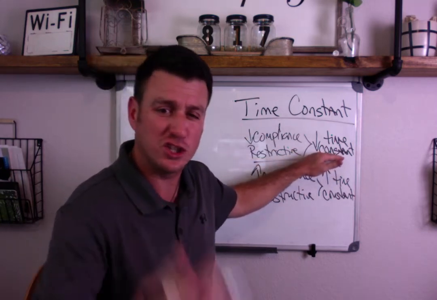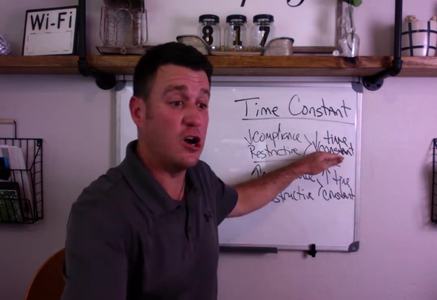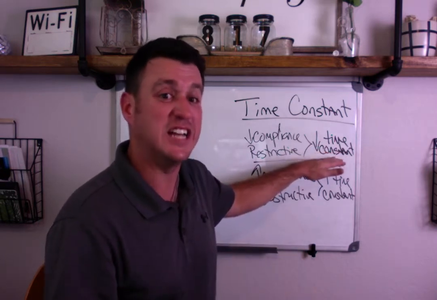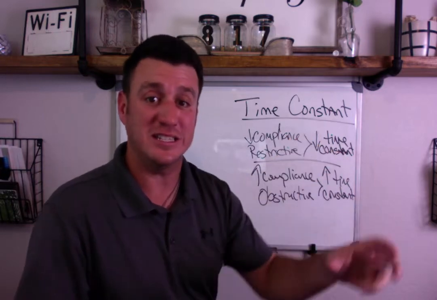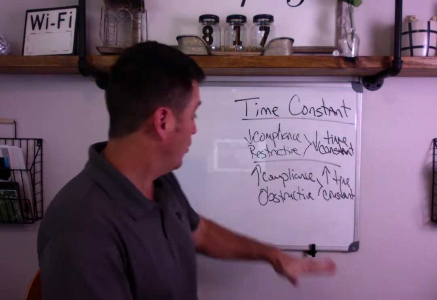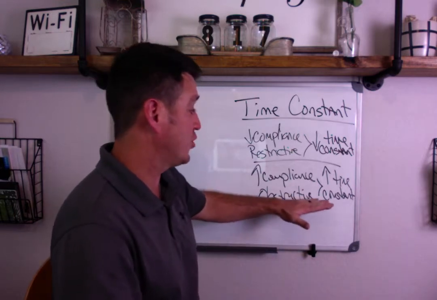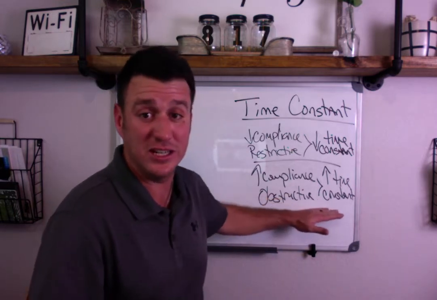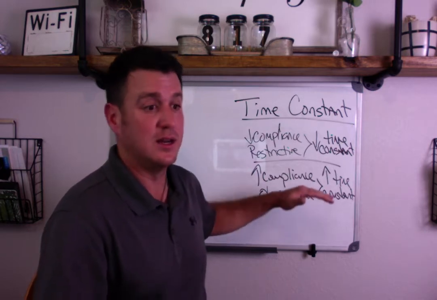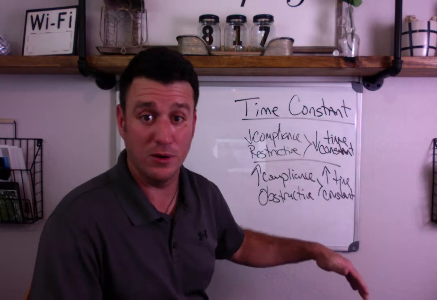So your concern about a long enough E time, while it should still be there, is not as great because your E time, your time constant, is going to be much shorter than what it's going to be with an increased compliance or an obstructive lung disease such as COPD, bronchiectasis, cystic fibrosis, asthma.